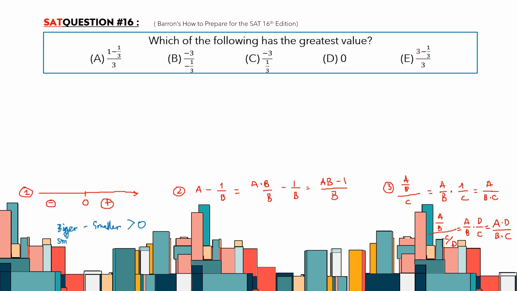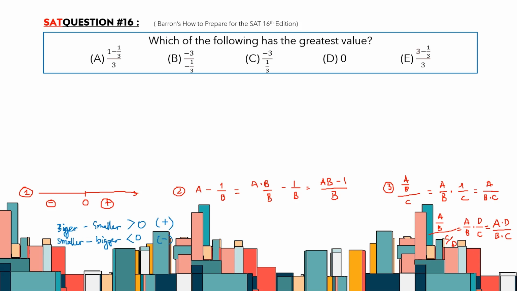A smaller number subtract a bigger number will be less than 0. In other words, this one will be positive and this one will be negative.